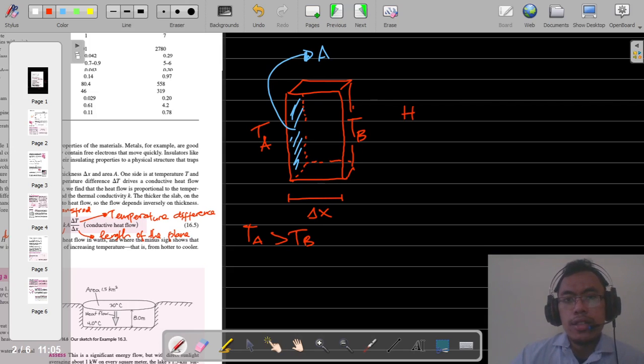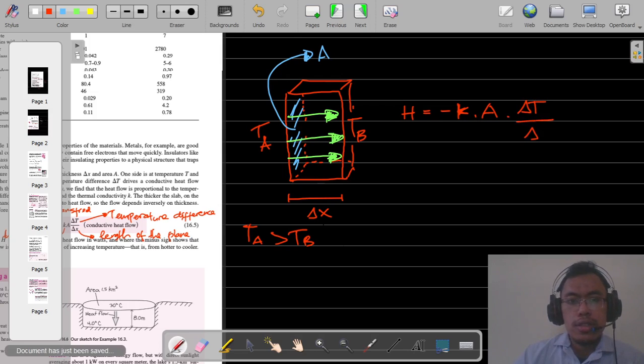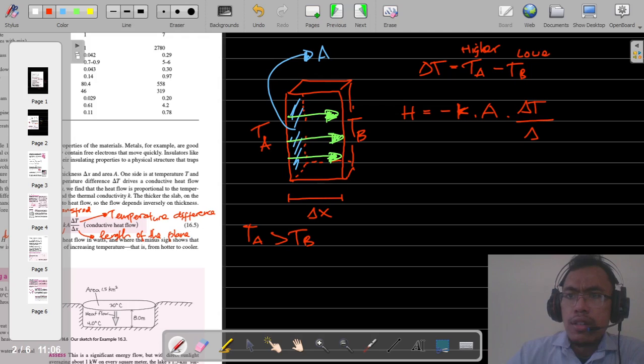is minus k, where k is the thermal conductivity of the material, times the area, because the heat will be transferred from point A to point B since the temperature at point A is higher than at point B. Minus k times A times delta T. Delta T is the temperature difference between temperature A and temperature B, or I can also read it as TA, which is the higher temperature, minus TB, which is the lower temperature.